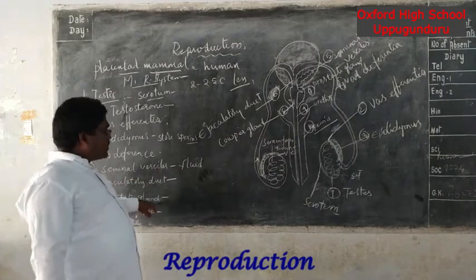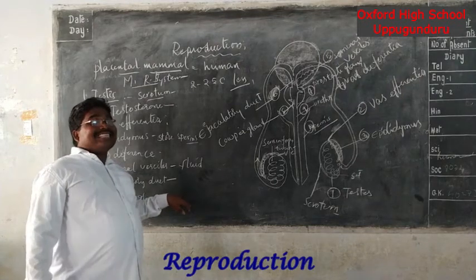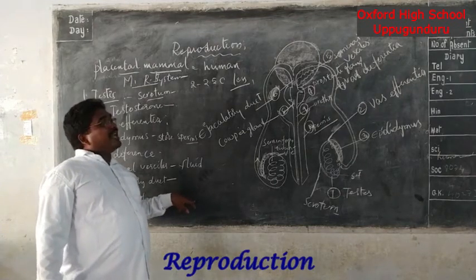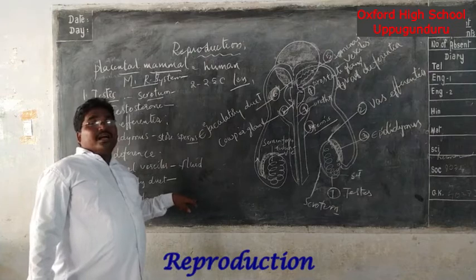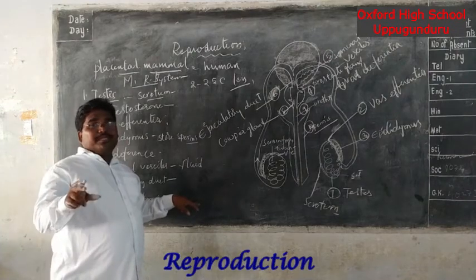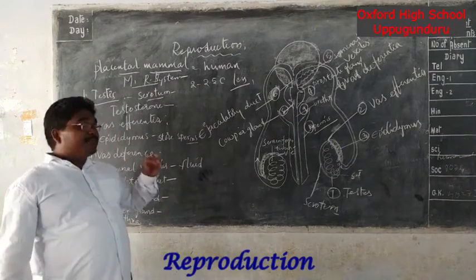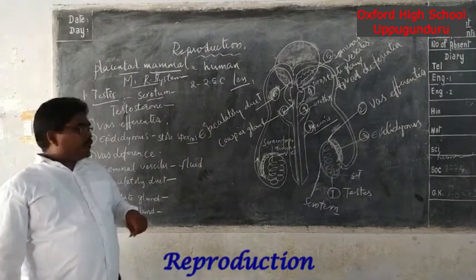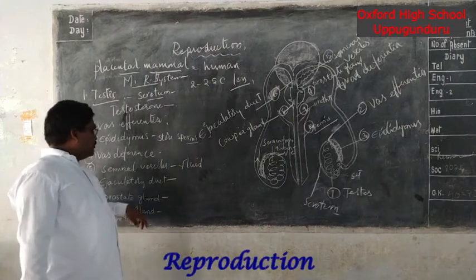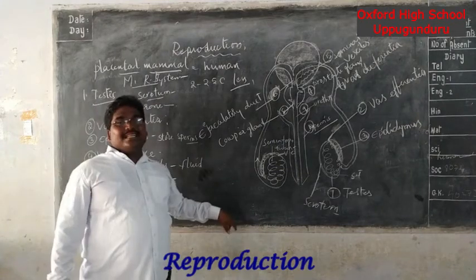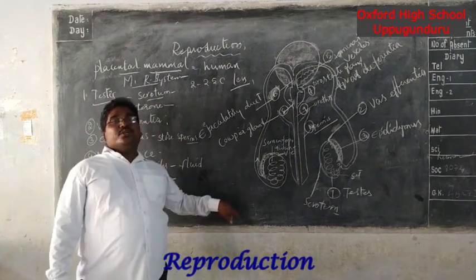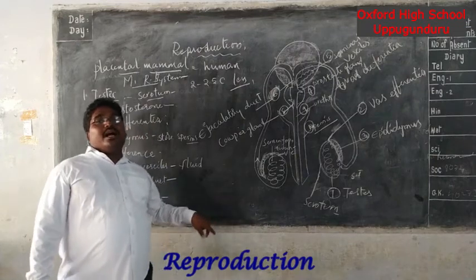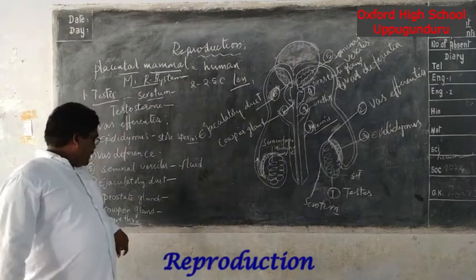The next one is the prostate gland. Its secretions keep the sperms active and provide nutrition. The Cowper's gland releases its secretions into the urethra to lubricate it.